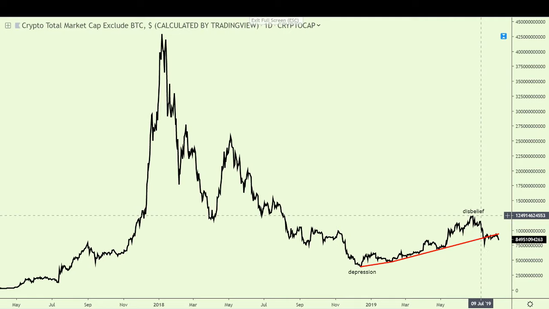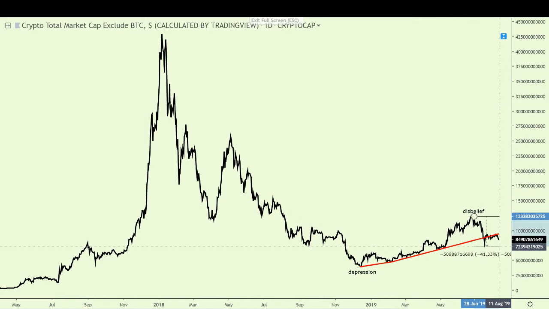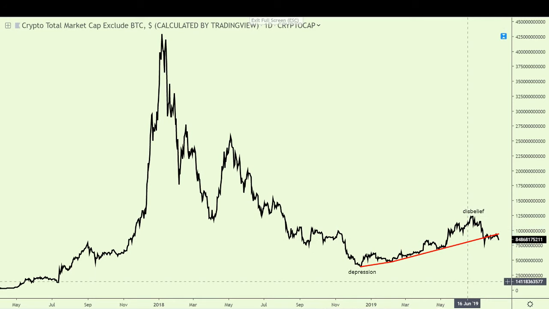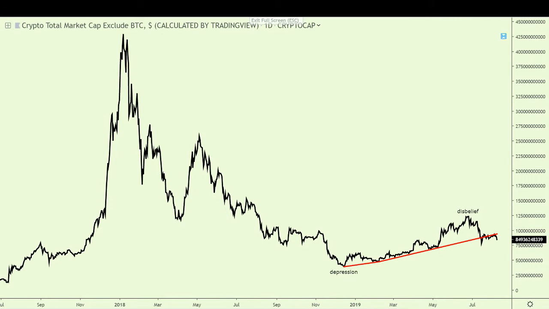We peaked around here, which we have already corrected since by about 33% to the bottom, and around 32% for now, right? Which is quite significant.